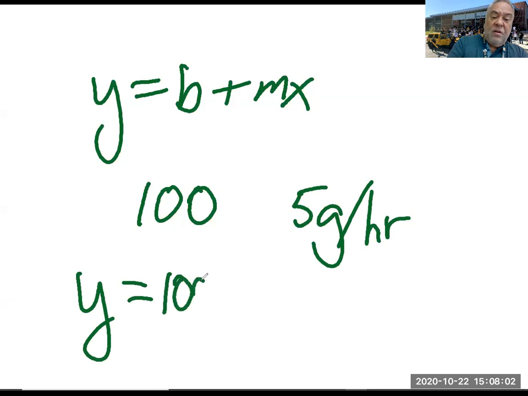Start at 100, and because I'm using it up, it's a negative slope, so I subtract 5x. X is the number of hours. So if I drive for 1 hour, I use 5 gallons: 100 minus 5, I've got 95 left.